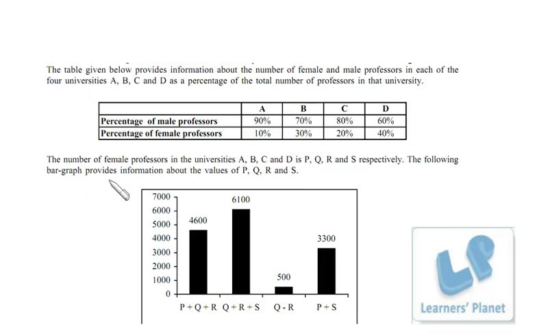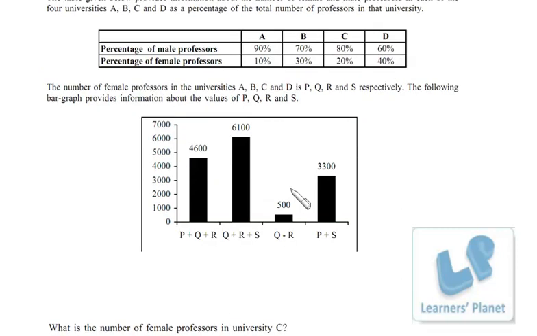The following paragraph provides information about the values of P, Q, R, and S. Okay, so here P plus Q plus R is 4600, Q plus R plus S is this, Q minus R, P minus S. So using all this we can calculate the values of P, Q, R, S. So this way we can calculate the number of female professors in universities A, B, C and D, right?